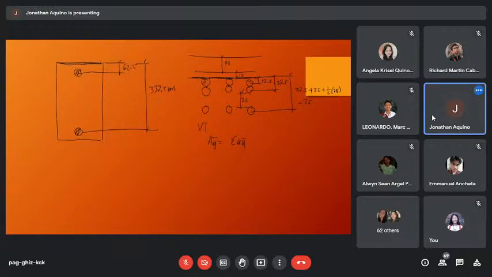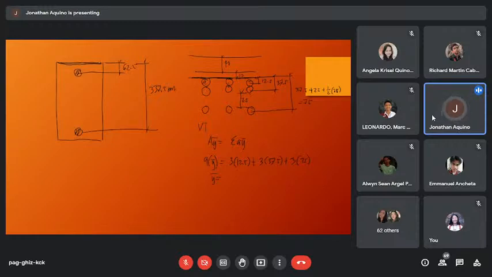So 9 times bar Y is equal to, so this first layer, we have 2 bar bundles. So yung first 3 bars will have 3 times lever arm of 12.5 plus the second layer, again 3 times 37.5 plus the third layer, single layer bars, 3 times 75.